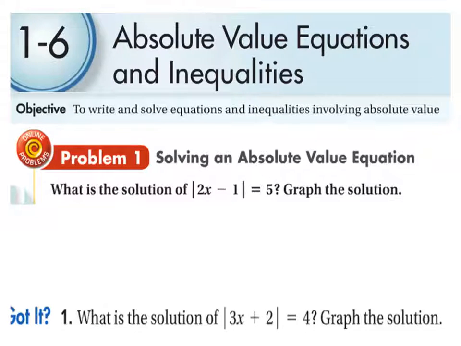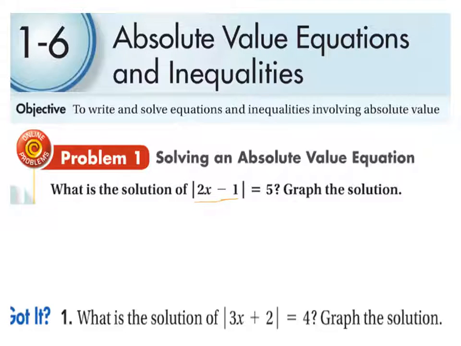I'll be starting here with the absolute value of 2x minus 1 equals 5. So our process for solving this equation is really to find the two values for 2x minus 1 that will make this equation true.